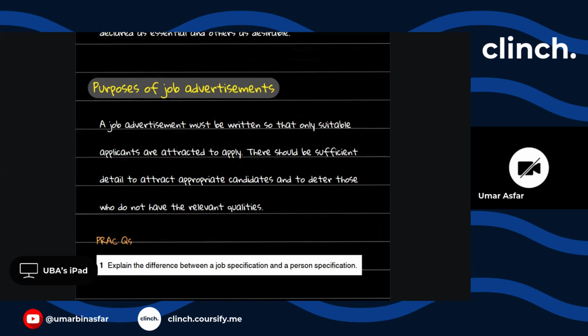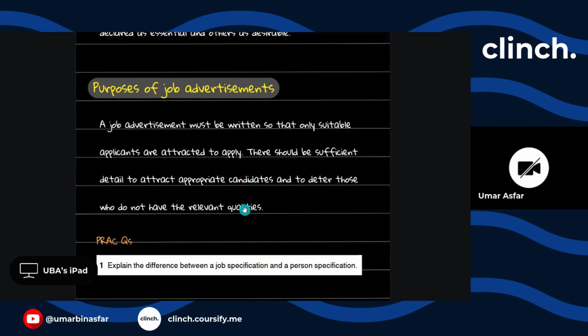By which I mean that whenever I advertise for a job, I should have enough detail in it that whoever reads it knows whether the job is meant for them or not, and only appropriate candidates apply, to save their time as well as ours. There should be sufficient detail to attract appropriate candidates and to deter those who do not have the relevant qualities.